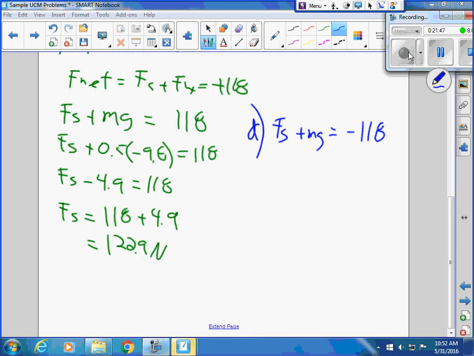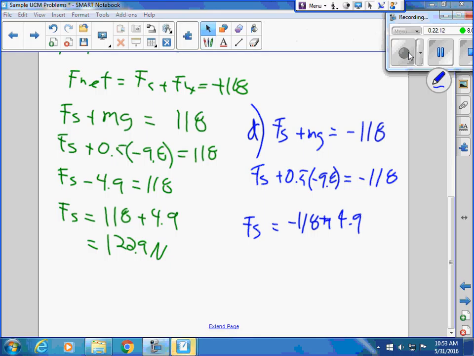And so when you go Fs, you get 0.5 times 9.8 is minus 118. You're going to have minus 118 plus that 4.9.